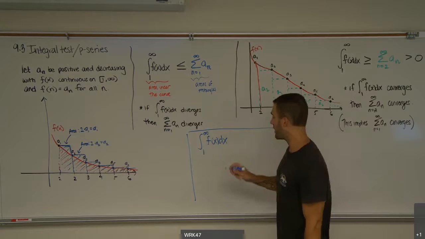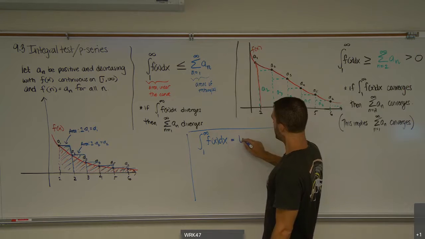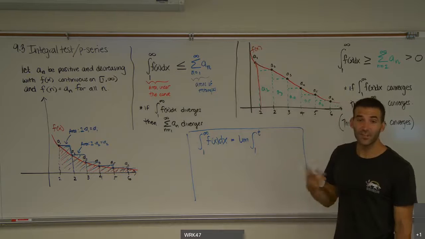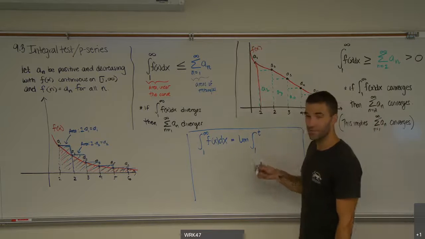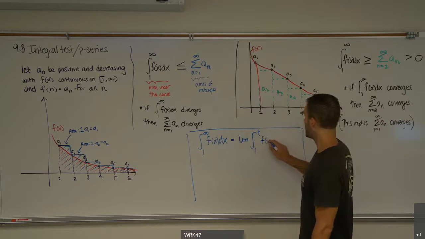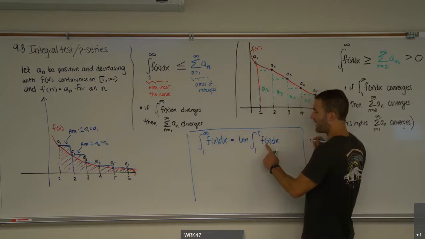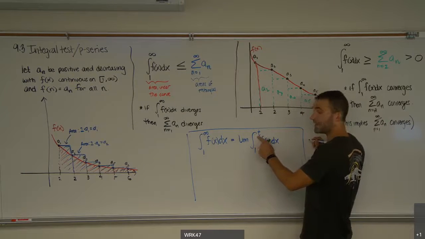And so the workaround for this is to introduce a limit. Instead of going from 1 to infinity, go from 1 to t. Now you can use whatever letter you want. I'll use t for my variable, f of x dx. And now there's no problem with taking an antiderivative, plugging in t. So I'll get an answer in terms of t.